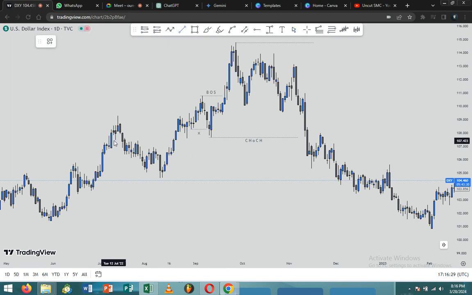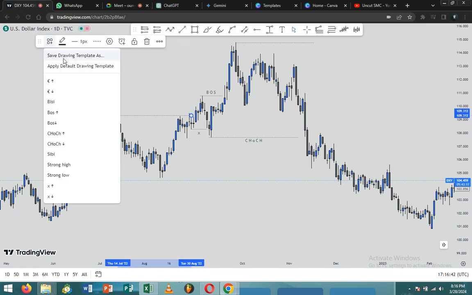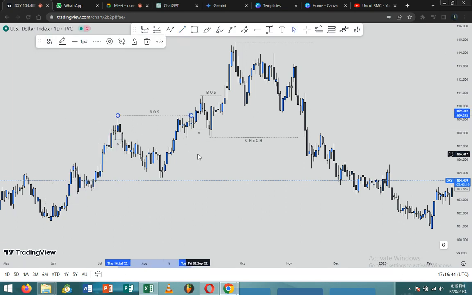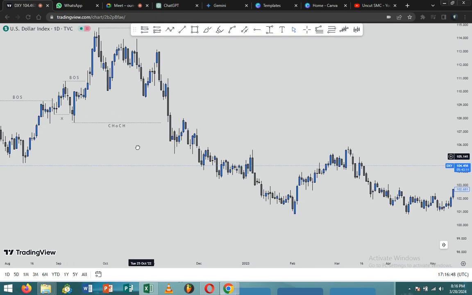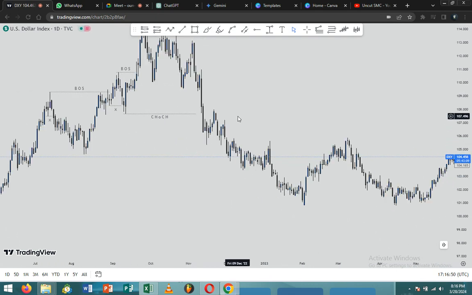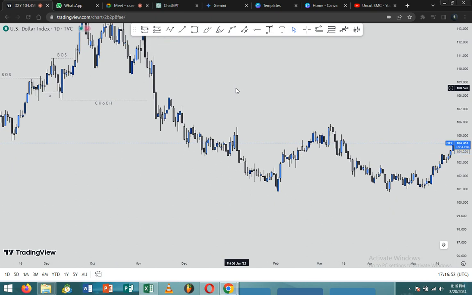So this is another inducement taken out right here. And of course, this is a break of structure. With that break of structure, then we already have a change of character, then we can go on mapping the structure until where the price is currently.